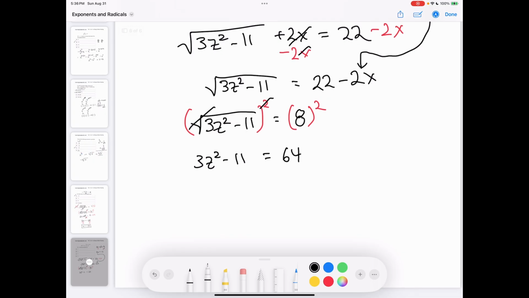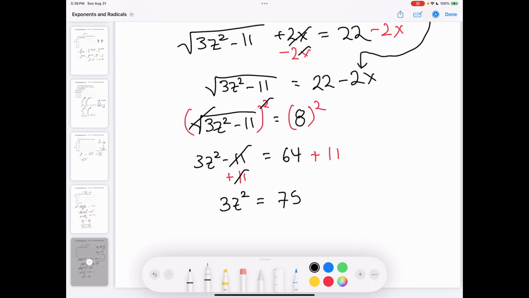So now I have the 11. The 11 is subtracting, so to get rid of it on the left, I will apply the opposite, which is addition. So plus 11. That gets rid of that on the left, and I'm left with 3z squared is equal to 64 plus 11, which is 75.